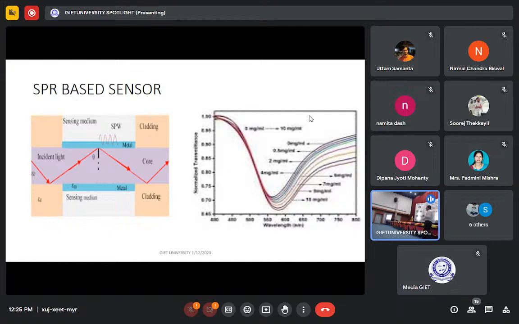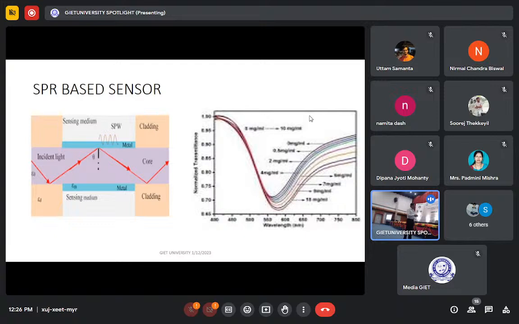So whenever there is a metal dielectric interface, there will be a plasmon wave. It will be produced here because this is metal. A large number of electrons are there, and therefore this metal dielectric interface will give rise to this plasmon wave, right?